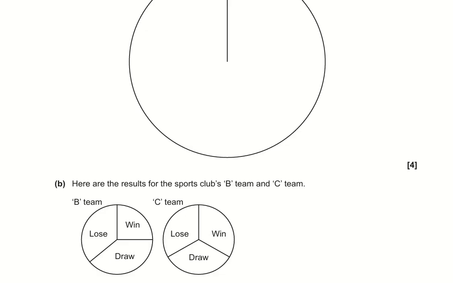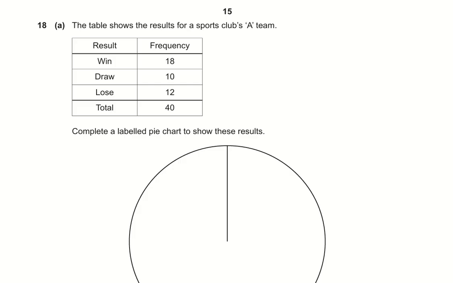Okay. For this one, you can find out, as you know, this total is 40. We just represent this 40 by 360. So for one, how many degrees do I need to find out?